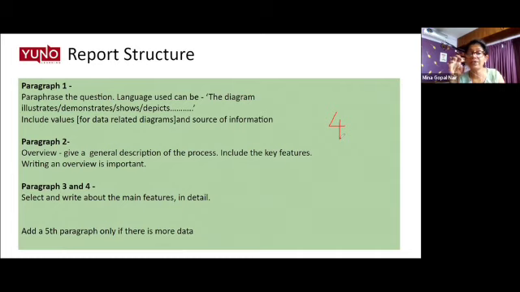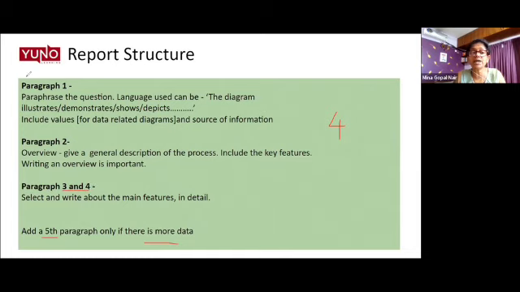Of course, content will vary depending upon the specific question type. Four paragraphs are actually enough. You might need a fifth paragraph if you think there is more information to write about. But the question we just saw is a very small process, so you should be able to manage it in four paragraphs.